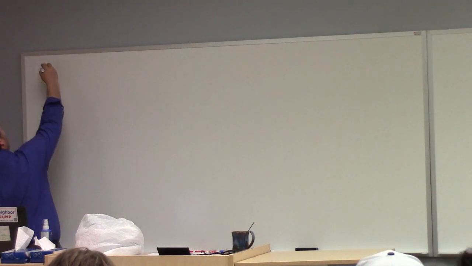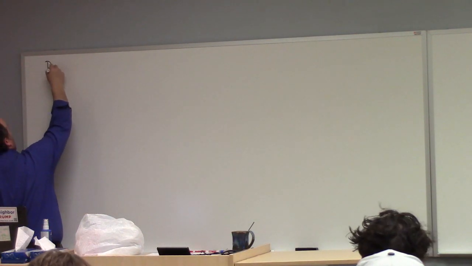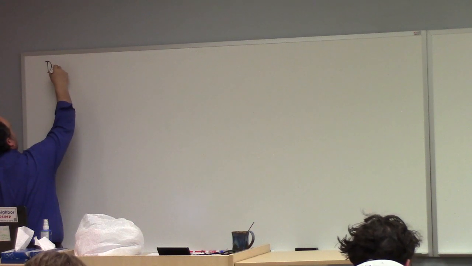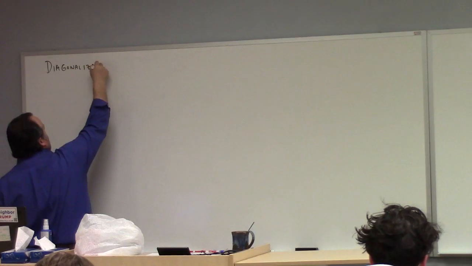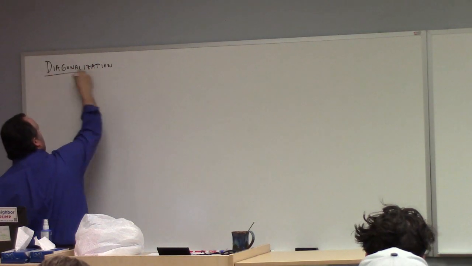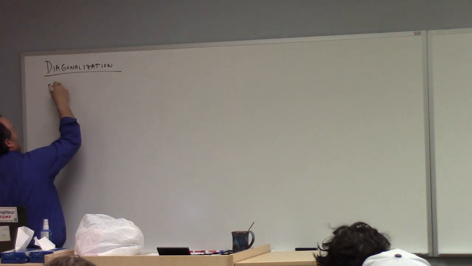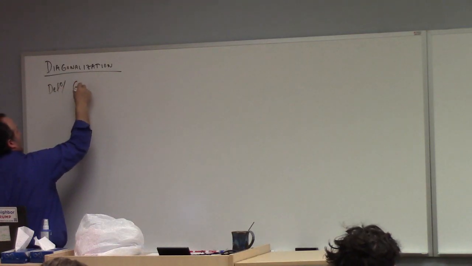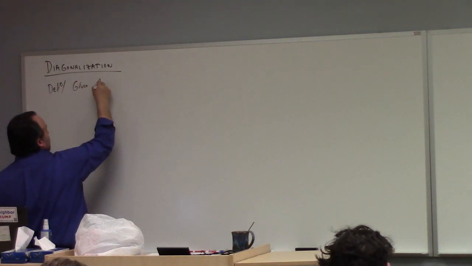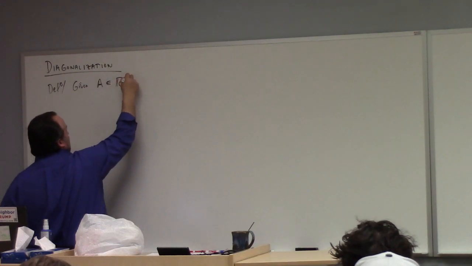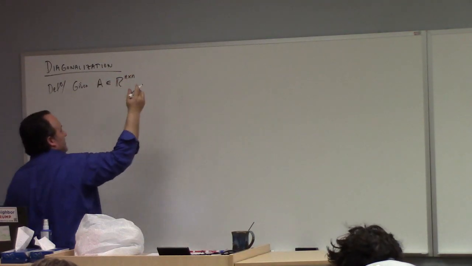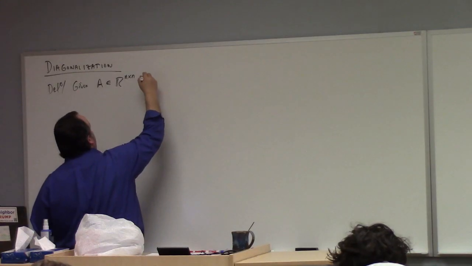So anyway, that's fun. I wanted to talk about what we talked about right before break, diagonalization. So I should talk about that again a little bit. Here's basically the definition: given A, say an n by n real matrix, it could be complex, but I'll keep it real here for a second.